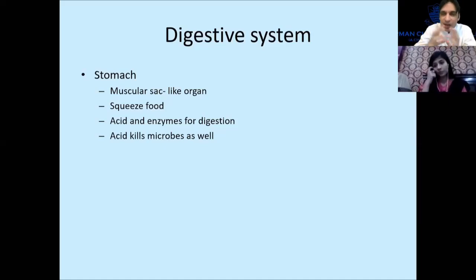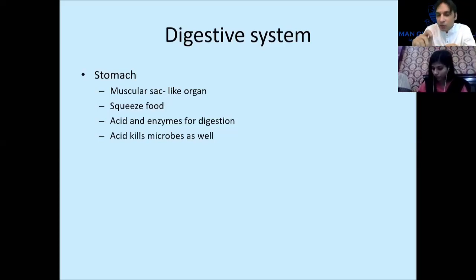The first is mechanical digestion, which helps break down the food into smaller components physically. The second, the major way of digesting the food, is using the chemicals produced by the stomach.